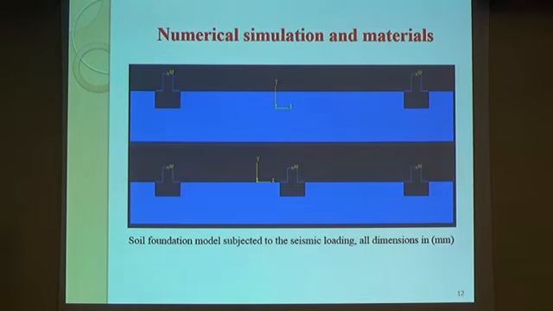We have two concrete foundations resting on soil, but embedded in the soil, and here is the third. And here is where we apply X and Y acceleration. For each one, we use this point and this point as the reference points, and here also sets 1, 2, and 3.